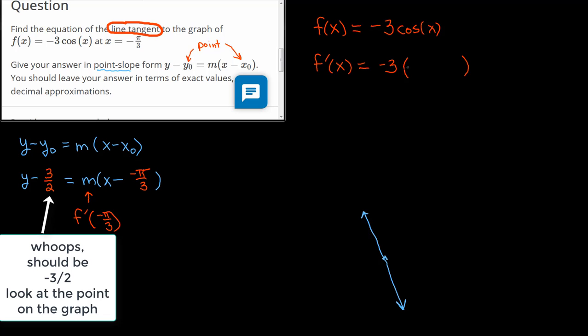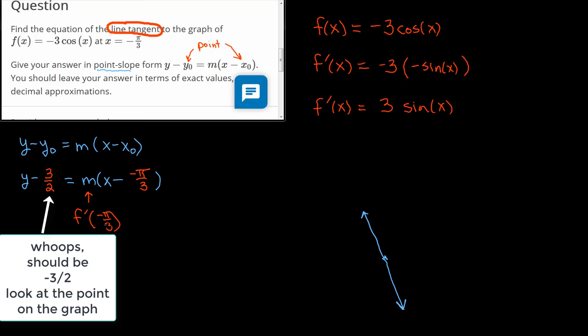What's the derivative of cosine? The derivative of cosine is negative sine. All right, great. So those negatives will cancel. So we get f prime of x is equal to 3 times the sine of x.